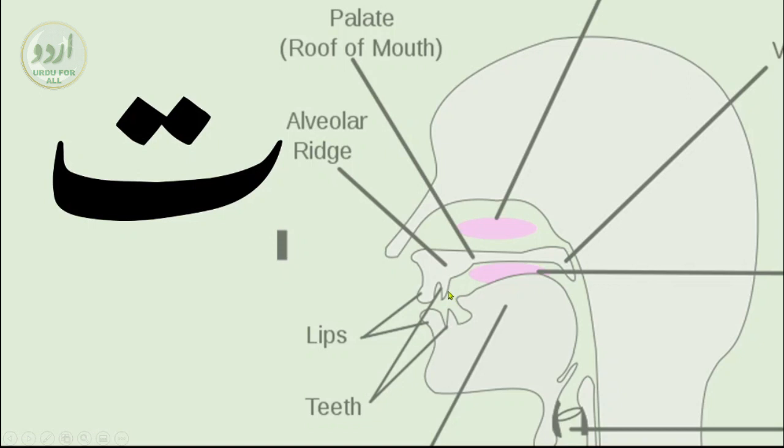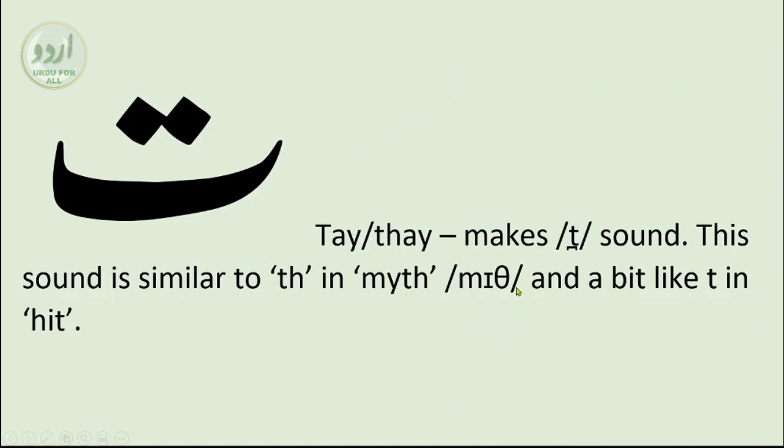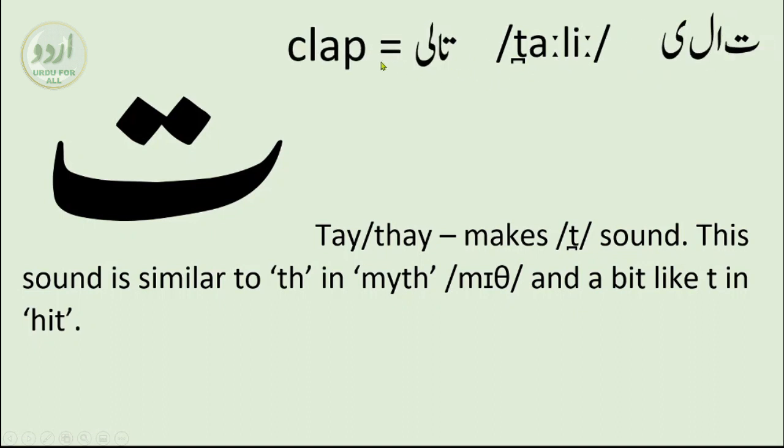T, t. So that's what they sound like. Not the alveolar ridge, not in between your teeth, but behind your top teeth. Let's do an example. T, a, l, e makes tali, and tali means clap.